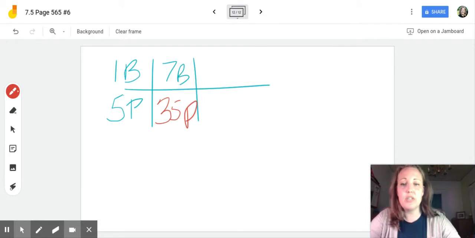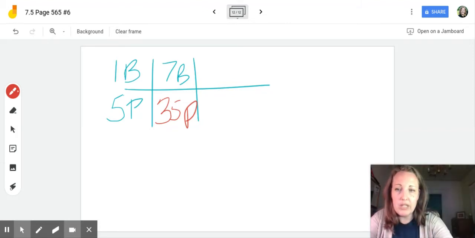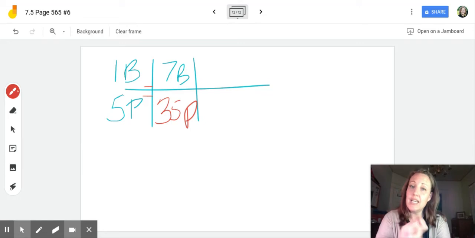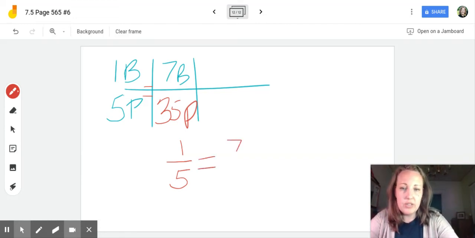Now, I know Mrs. Golding did not write an equation, but what do you think? Now, just stick with me. Is this kind of like an equal sign here? Is it like equivalent ratios? Absolutely. That's what a ratio table is. This is not at all what your book is actually asking you to do, but I think it's interesting to kind of see how math can work. 1/5 is equal to 7 over what?